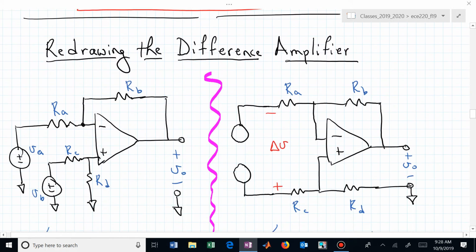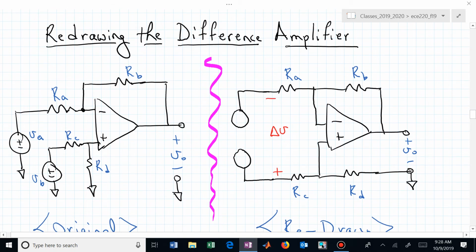Let's now redraw this. I know you're very excited about drawing, or you wouldn't be in engineering, right? No. But you might see these circuits sketched or stretched and distorted and reshaped in different ways.